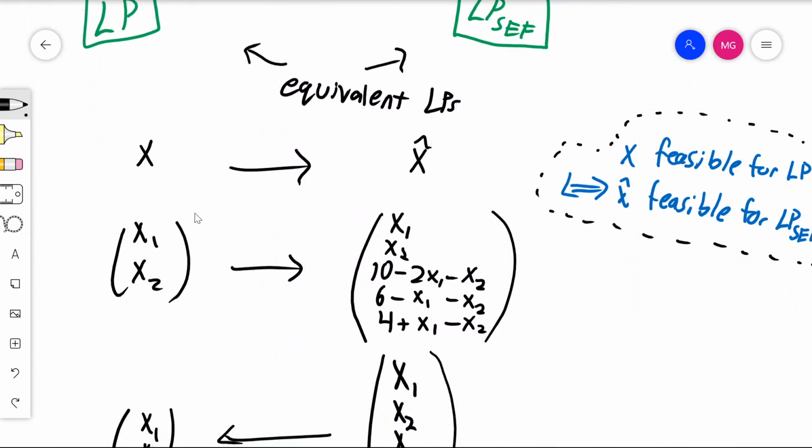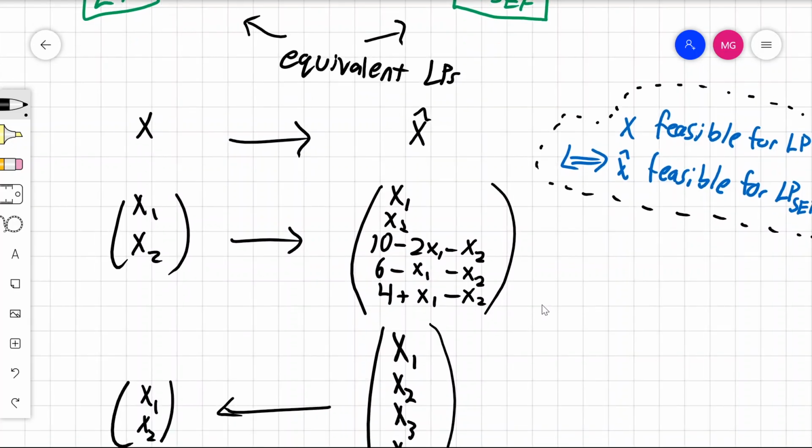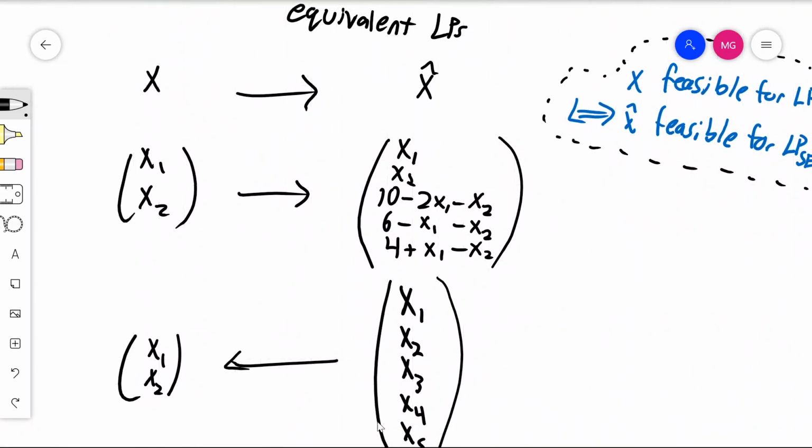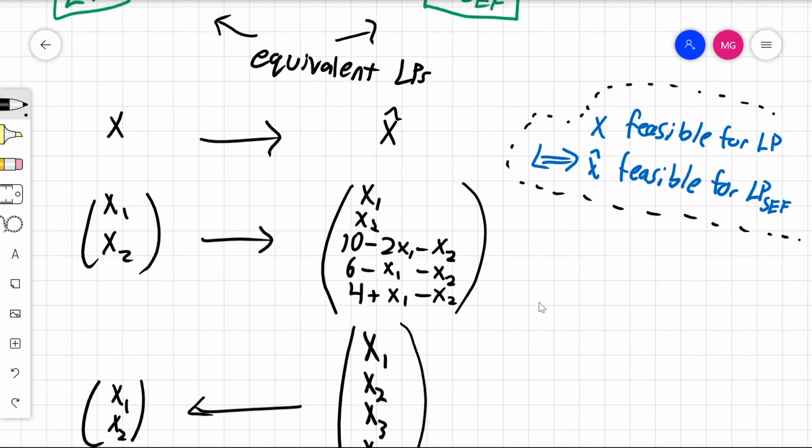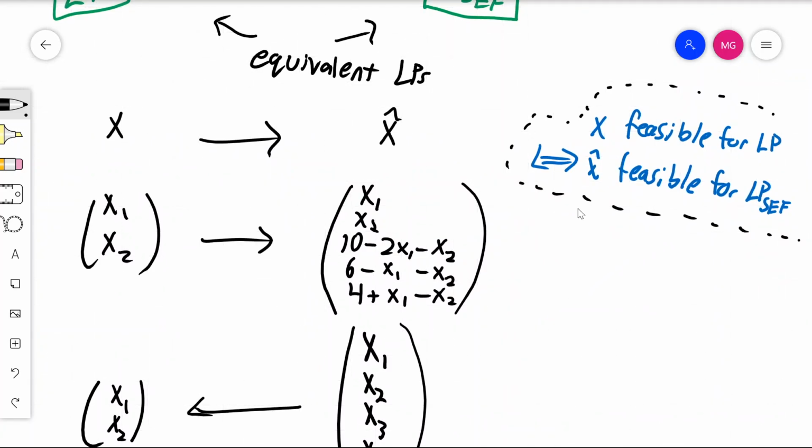And so that's how you go from a point in x1, x2 to the corresponding point with 5 variables. And then if I'm starting at a point in 5 dimensions, then to go to the 2-dimensional corresponding point, it's just the first 2 coordinates, x1, x2. So it's just a projection down on the first 2 coordinates.